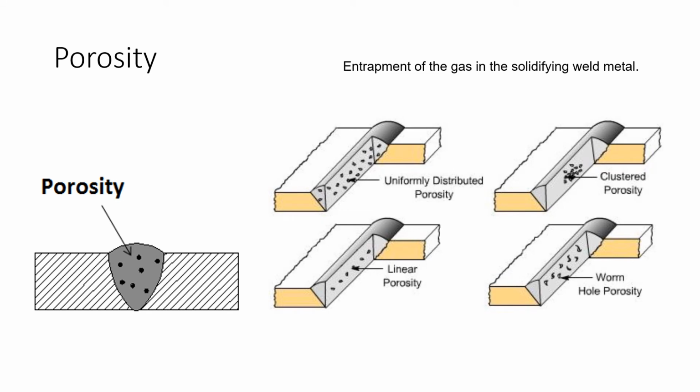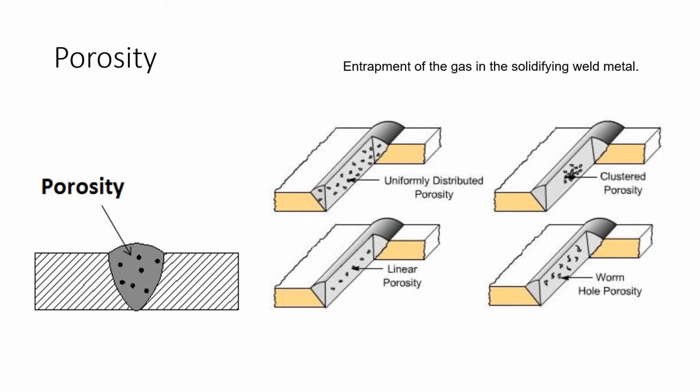Now, we are going to see what porosity is, what its causes are, and what the remedies are. Porosity, simply speaking, is the entrapment of various gases while solidifying the weld metal. Then the question comes to mind how the various gases get entrapped inside the solid weld.